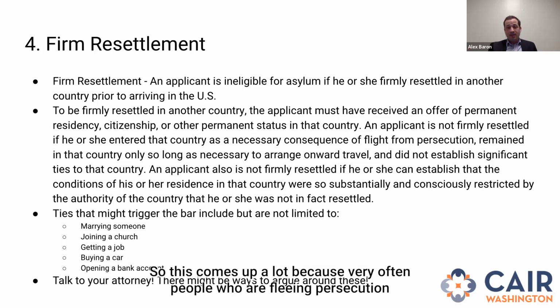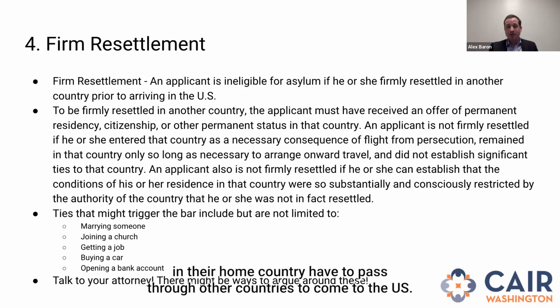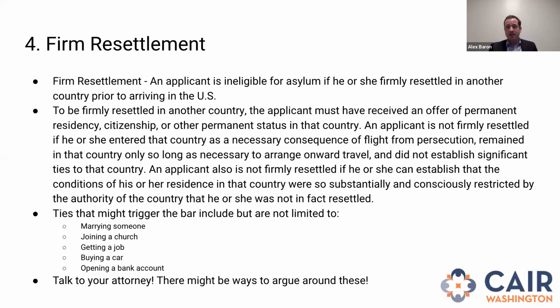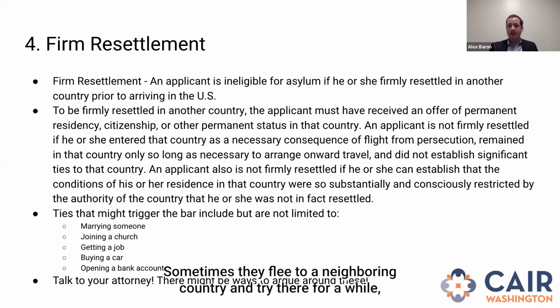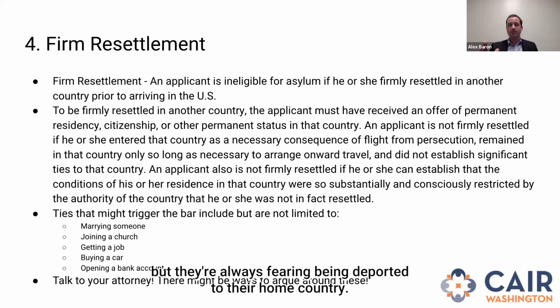This comes up a lot because very often people who are fleeing persecution in their home country have to pass through other countries to come to the US. Sometimes they flee to a neighboring country and try living there for a while, but they're always fearing being deported to their home country.